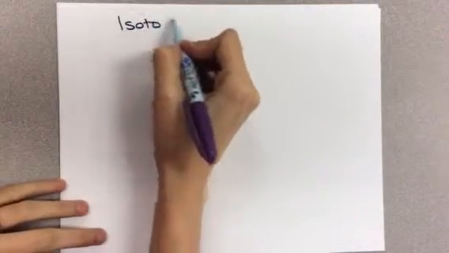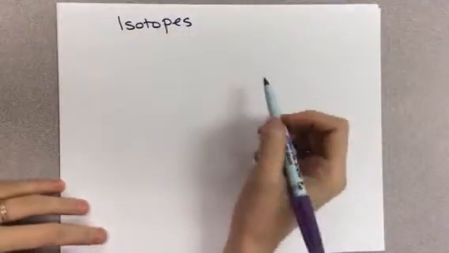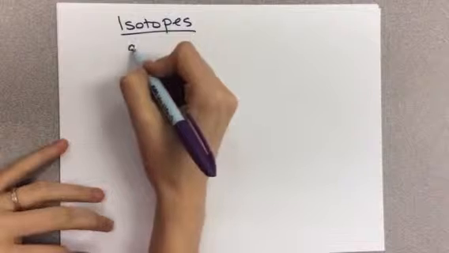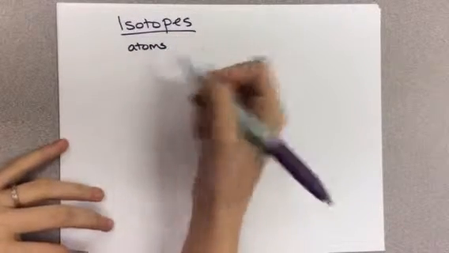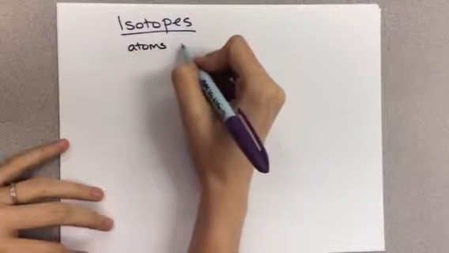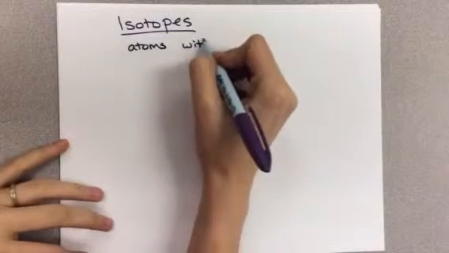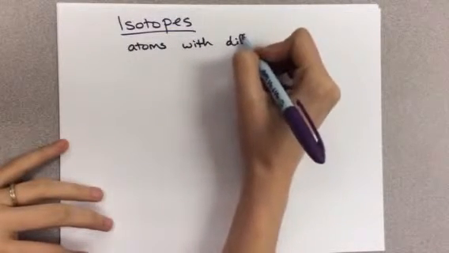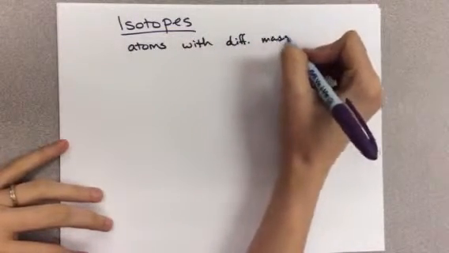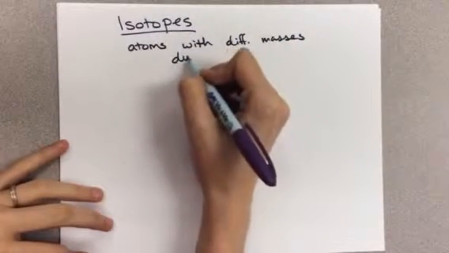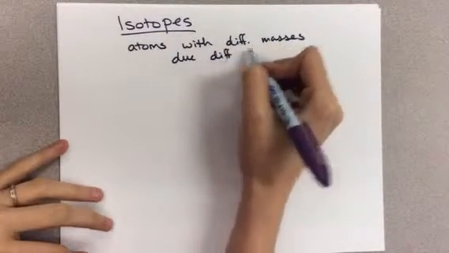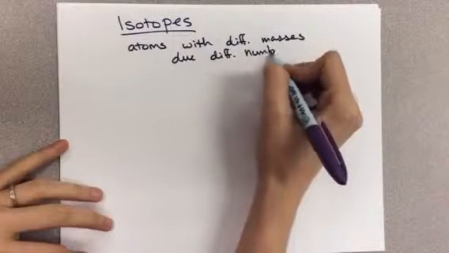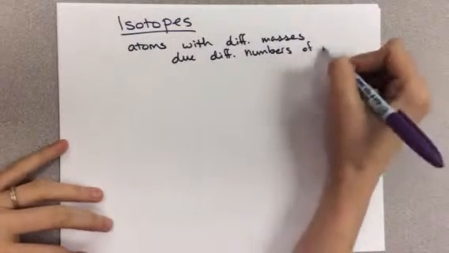All right, we need to talk a little bit about isotopes. Isotopes are in reference to atoms of the same element that have different masses. And those different masses are due to different numbers of neutrons.